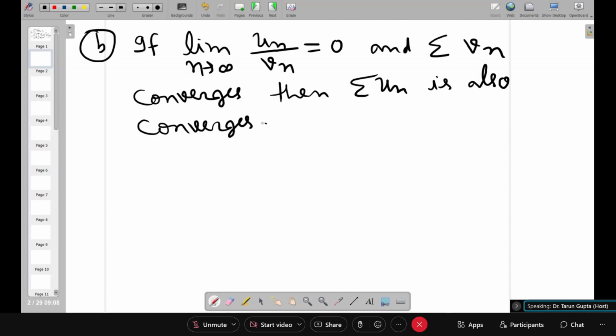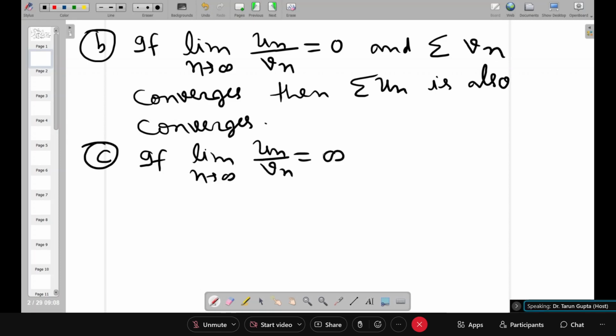Okay. Now C part is, if limit n tending to infinity un upon vn is infinite and summation vn diverges.